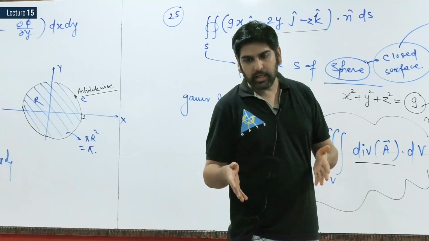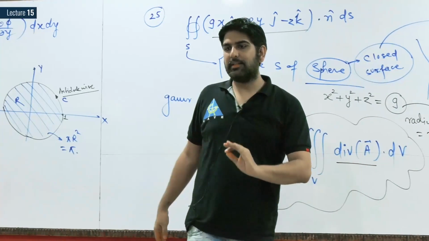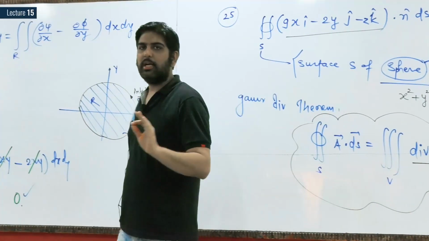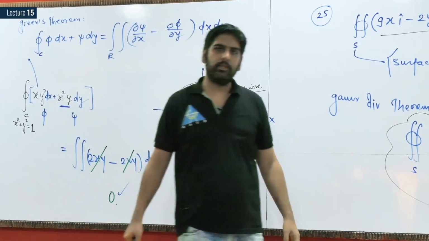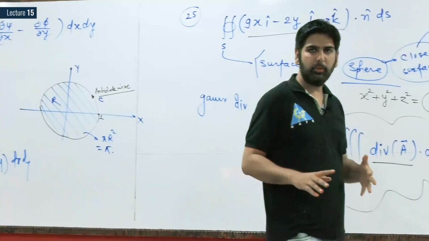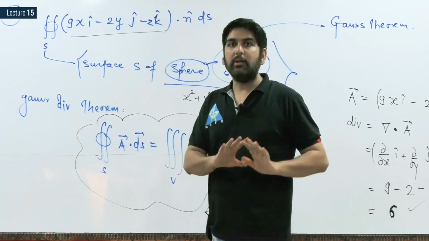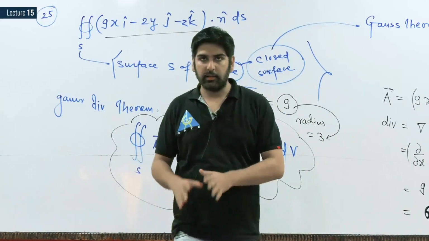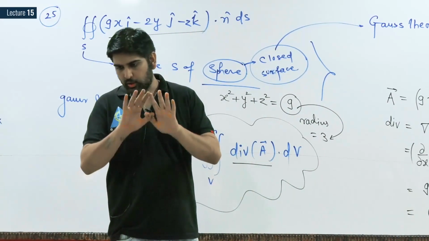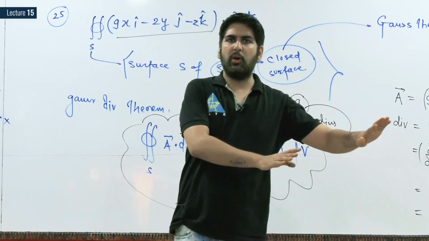I mean, let us suppose you are solving 50 questions and you have doubts in 3 or 4 questions. Put those questions in the discussion mode, do not worry, and do not stop your study. Your study will keep going on. This is very important. Just put the doubt there.